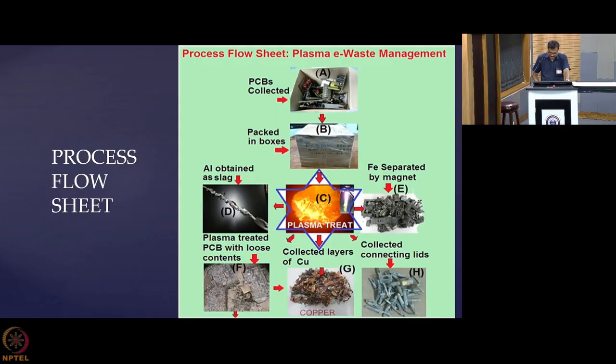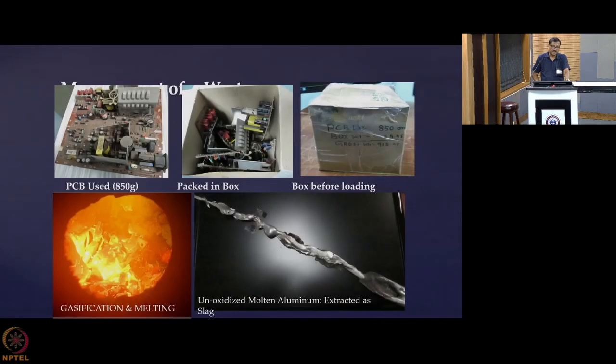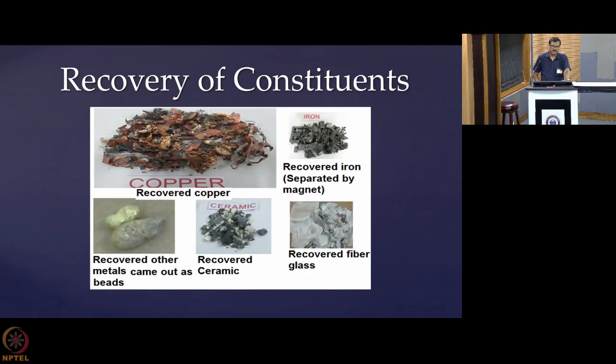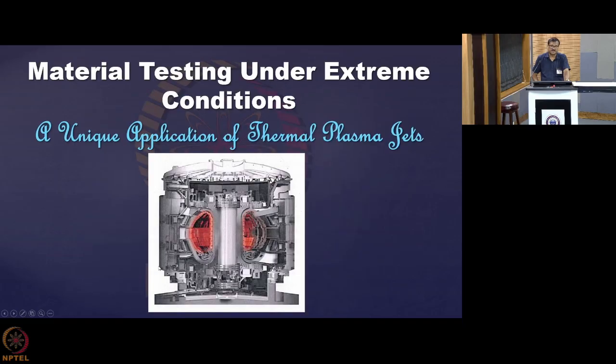So this is a very easy way to apply the plasma technology in the electronic waste management sector, and earlier I have explained how it can be applied in the case of municipal solid waste management. So these are some expanded images of those collections. So this is copper, this is recovered iron, this is recovered ceramics, and these are the metal beads which may contain the precious material.